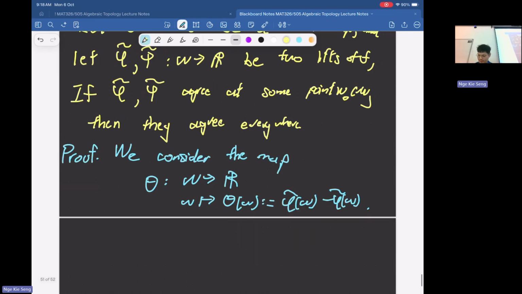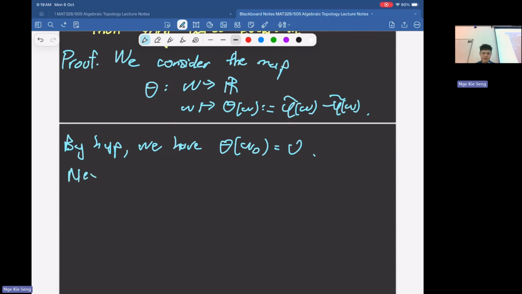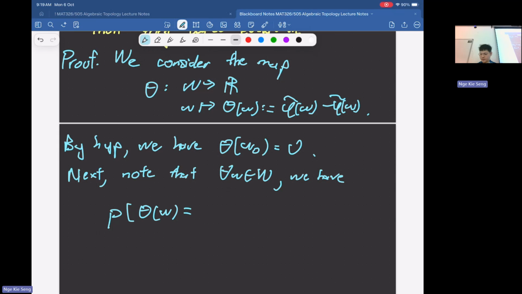Okay, so by hypothesis, we have theta of W not is 0. Okay, so they are lifts, right? So let's play around with the lift definition. Okay, so then what happens? If we apply P, the projection map, on the theta W here, what do we have?